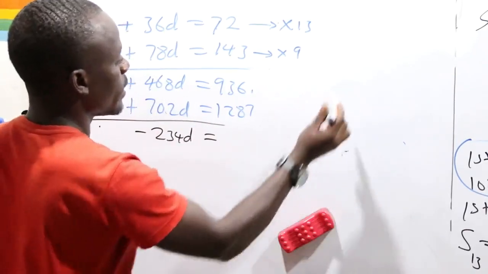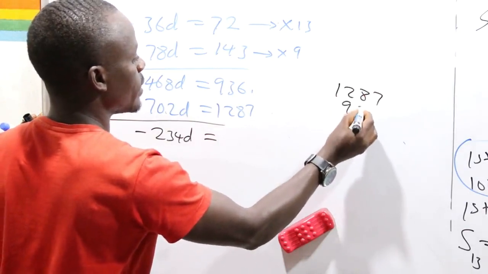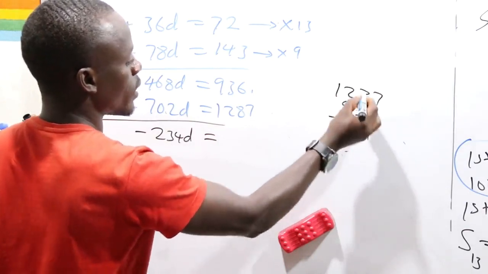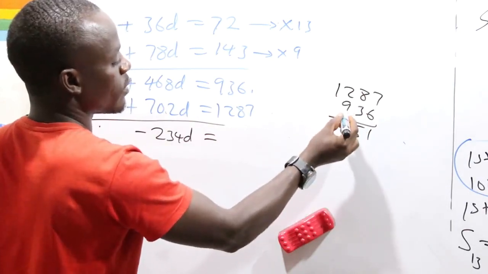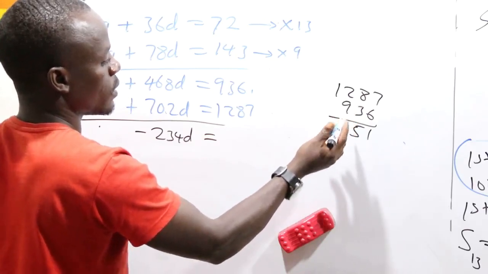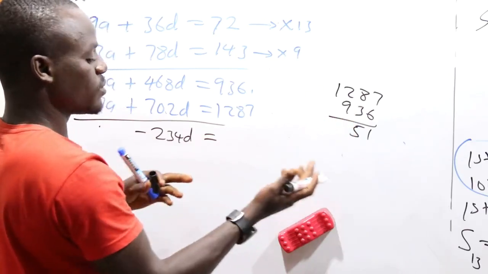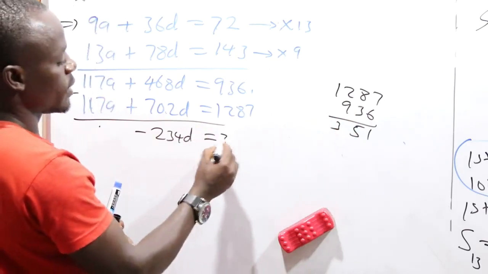And then here, I can now say 1287 minus 936. 12 minus 9 is 3, 7 minus 9 borrows, and we have 351.